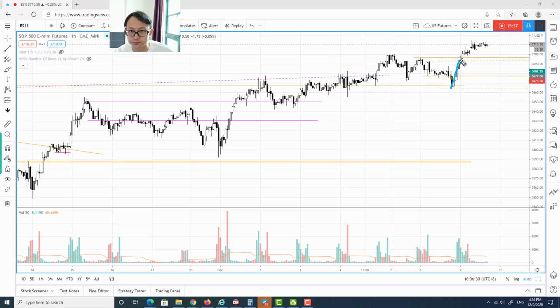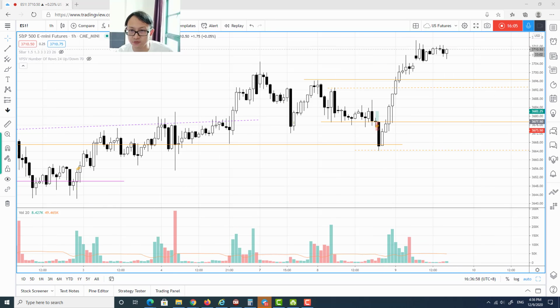Right now, if the price can commit above the immediate support area I just showed you, somewhere close to the 3700 level, then there's a high chance for S&P 500 to trend higher. Right now it's just consolidating within this shallow type of trading range. Let's see how it can resolve itself out from this trading range.